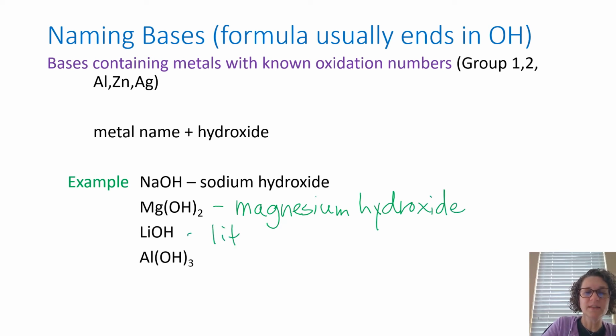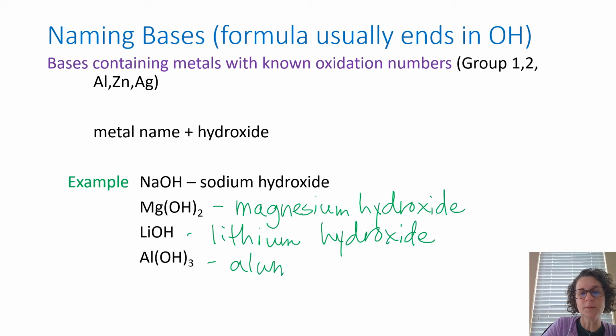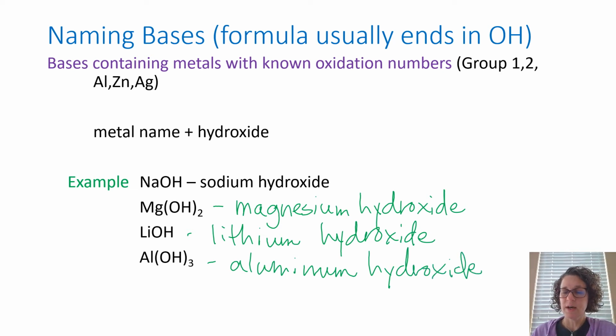LiOH would be lithium hydroxide. And last but not least, AlOH3, aluminum hydroxide. So again, pretty much just a review of naming.